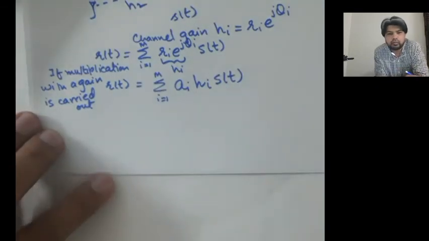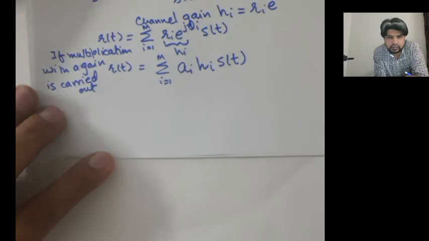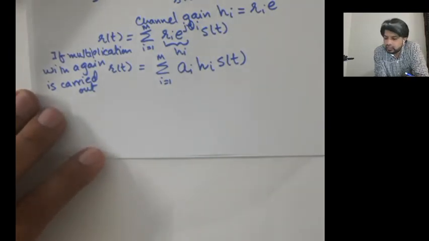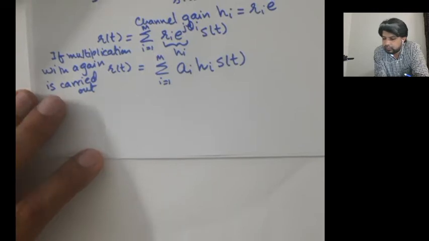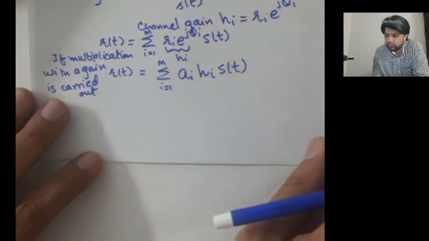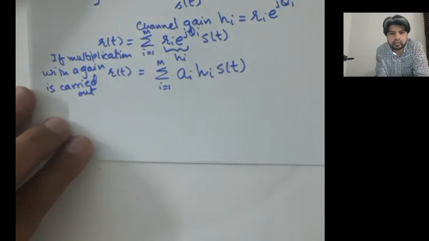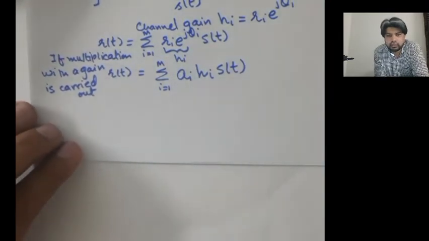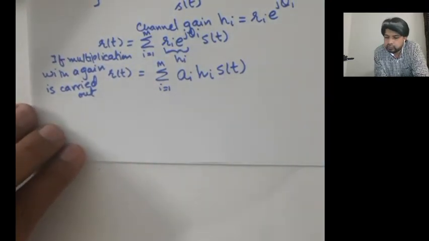Now you can see that depending upon what gain you have assumed for this transmission, your received signal to noise ratio would improve compared to the individual transmission without transmitter diversity.